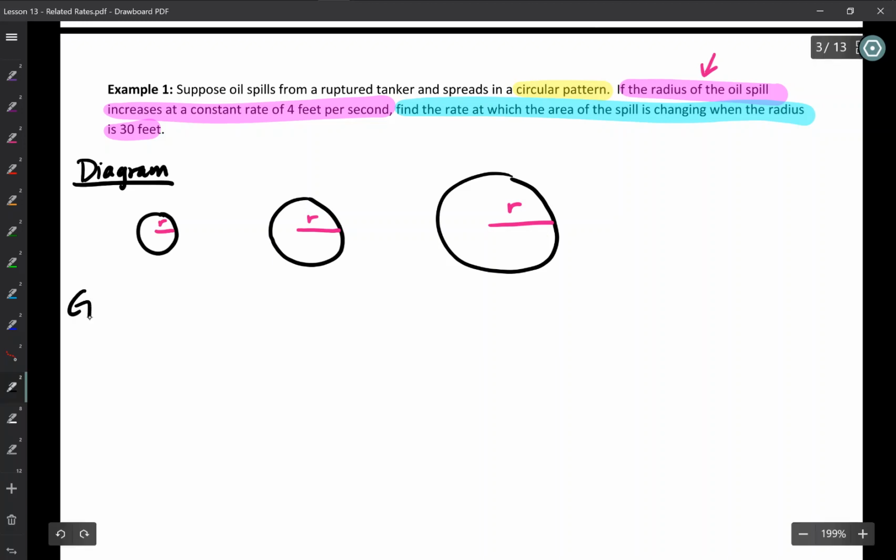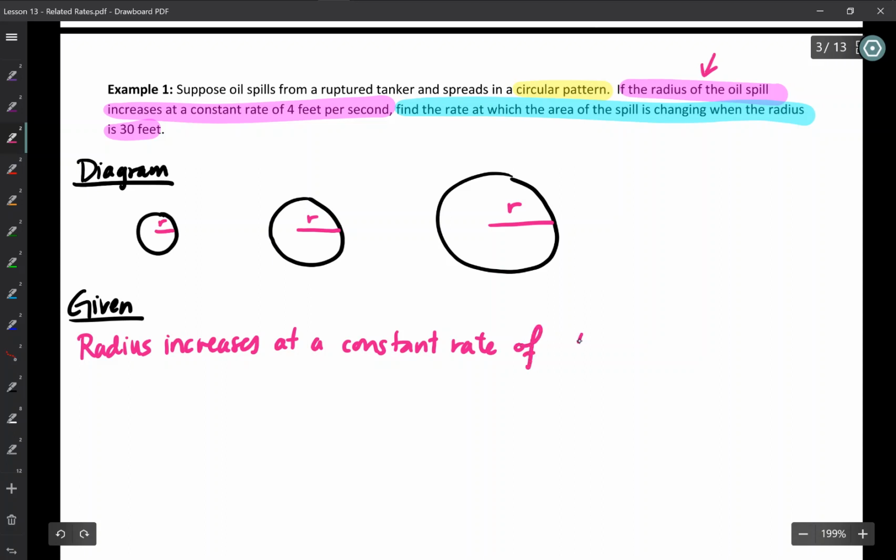So my given is that my radius increases at a constant rate of 4 feet every 1 second.